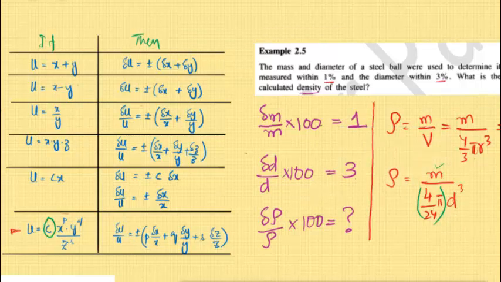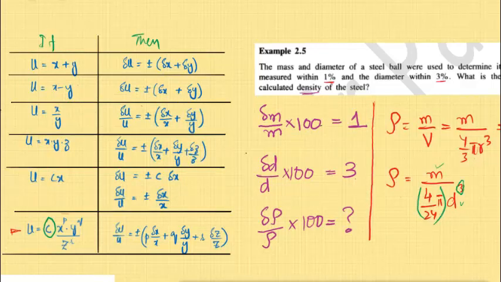I have mass and d getting divided. Here I have x, y, z getting divided. Here I have a power of 3, and here I have powers p, q, r and so on. So I would say that my equation is comparable to the 6th equation, this one.